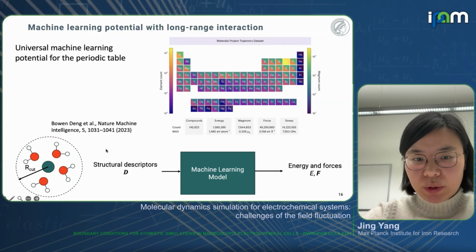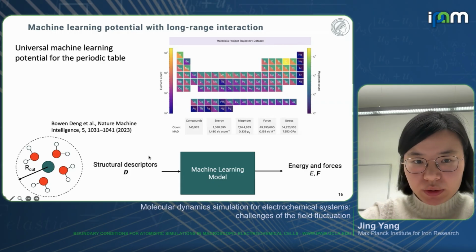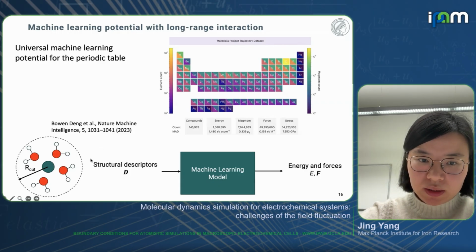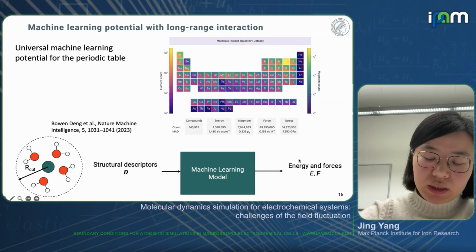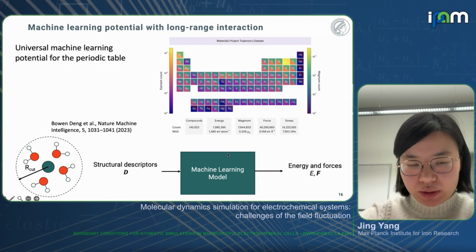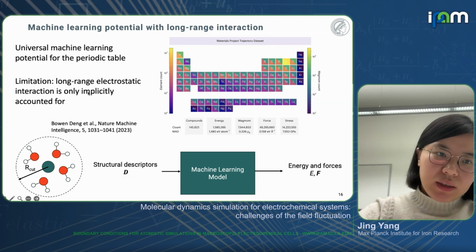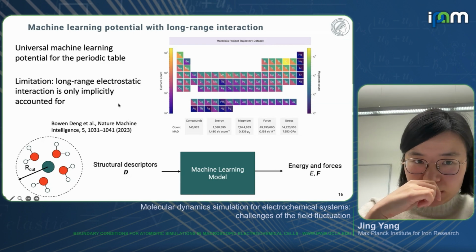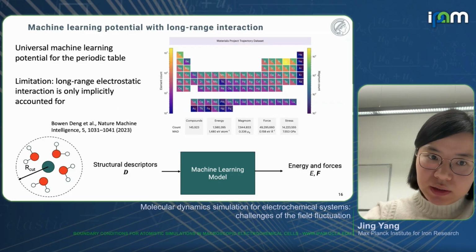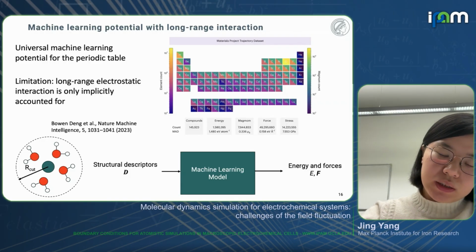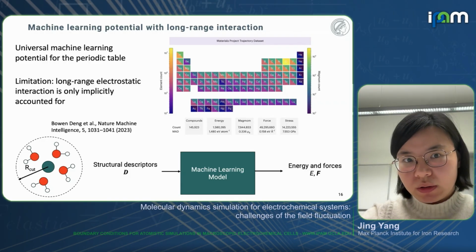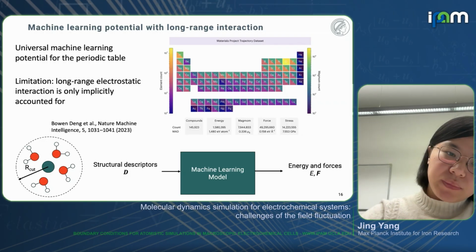And in the most commonly used types of machine learning potentials, these structural descriptors are put into a machine learning model, which would predict the energy and forces of the given structure. And of course, a big limitation is that long-range electrostatic interaction is only implicitly accounted for. So they do not allow us to do this kind of voltage-controlled molecular dynamics as we want.